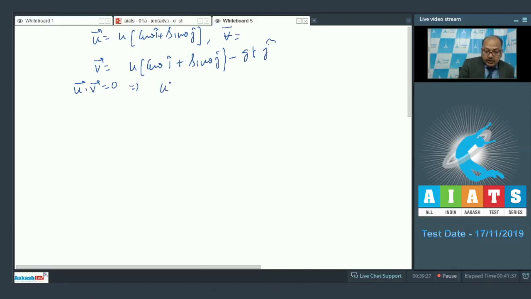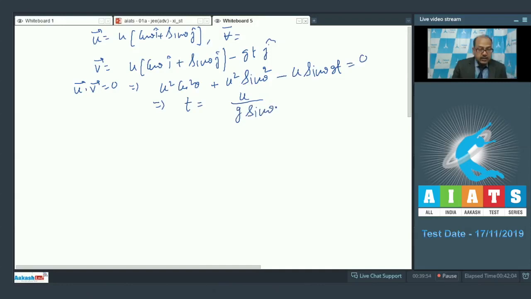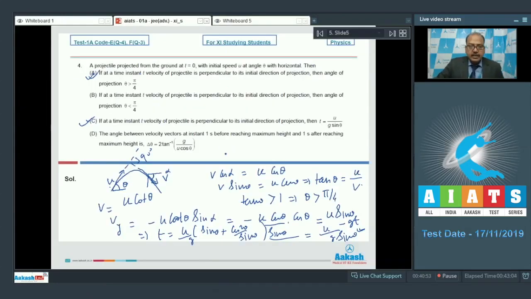We get u square cos square theta plus u square sine square theta minus u sine theta gt is equal to 0. This gives us again t is equal to u by g sine theta. So option C is also correct.